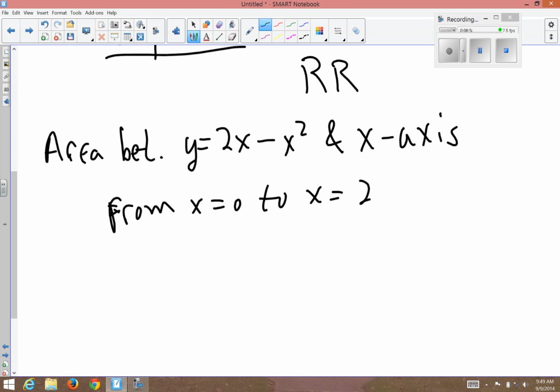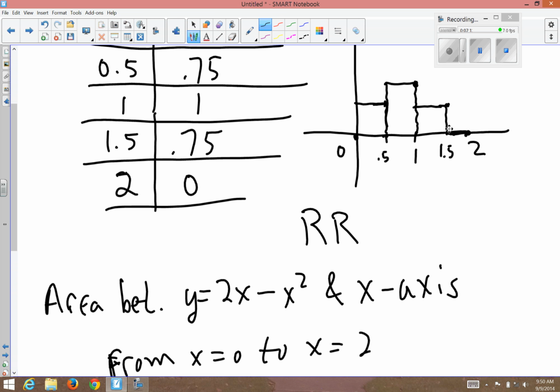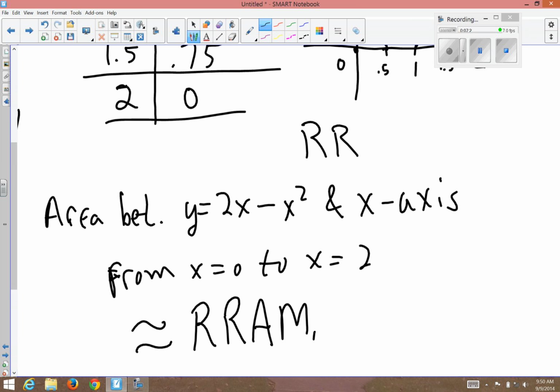We're going to say this area that I just described is approximately, using a right rectangle approximation method. That just means the areas of these 4 rectangles. Since we used 4 rectangles, we ordinarily put a 4 subscript here, indicating that we found the areas of 4 rectangles.